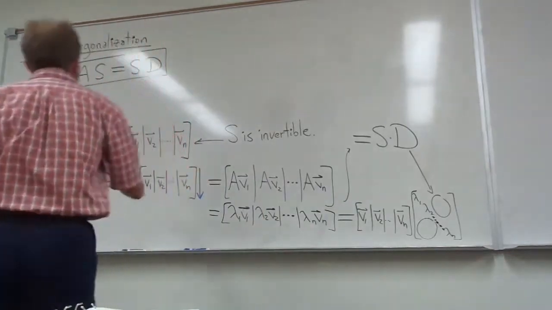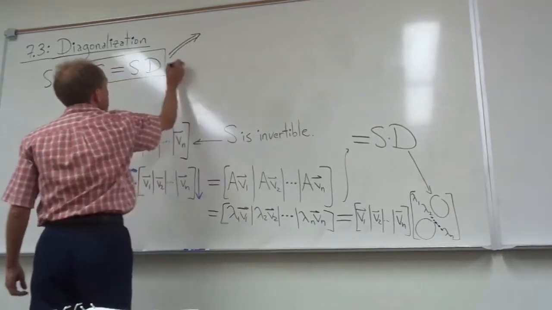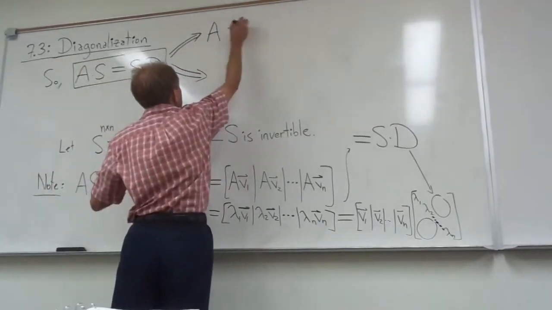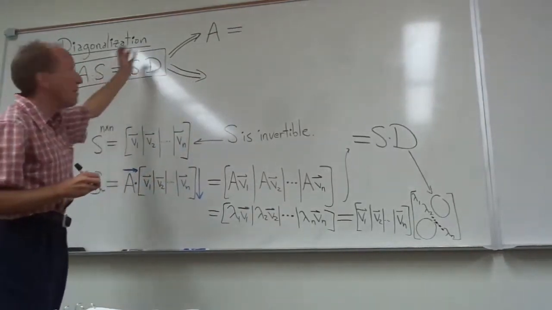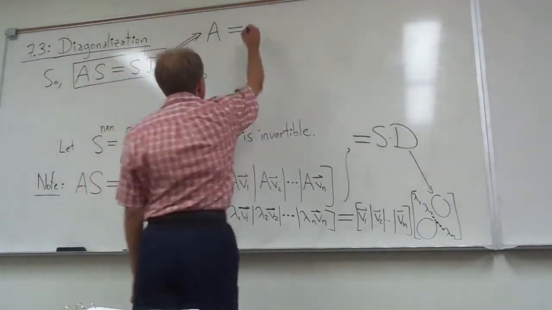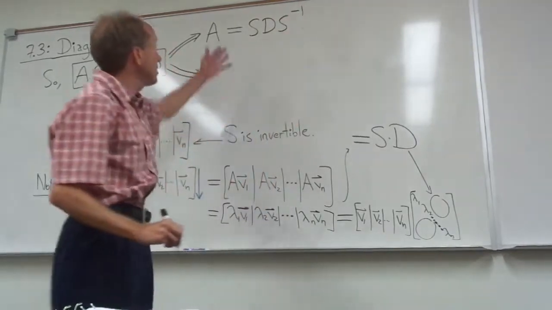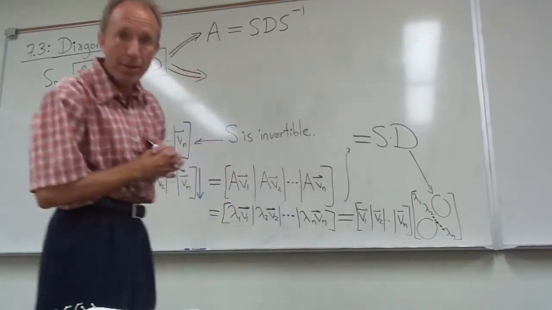So in fact, you can take this equation and solve it in 2 ways. Let me show you both ways. You could, for example, solve this for A. That means you need to right multiply on both sides of the equal sign by S inverse. So one way of expressing A is S times D times S inverse.